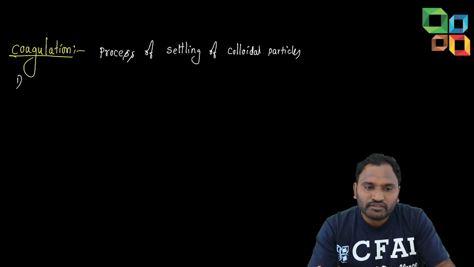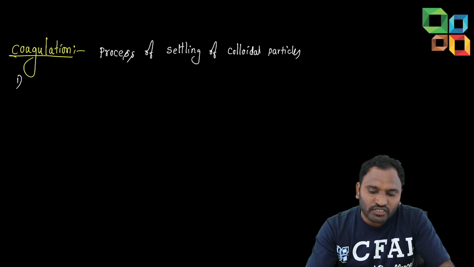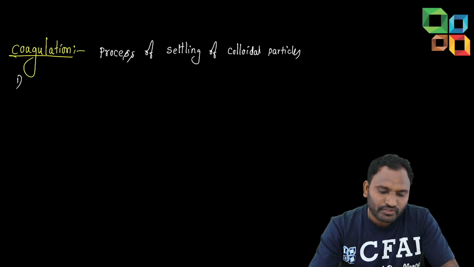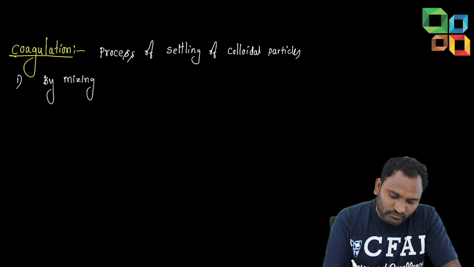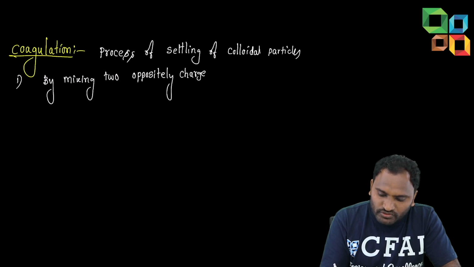Coagulation can be done by mixing two oppositely charged salts. That is the first method.